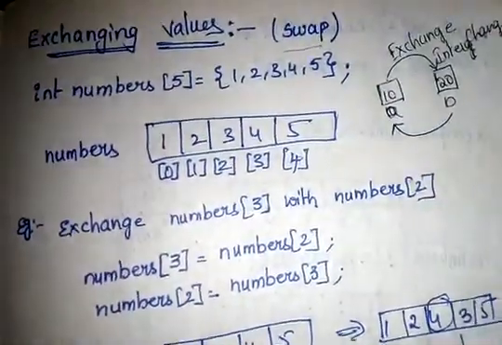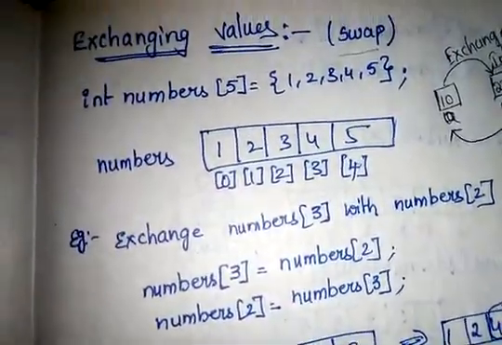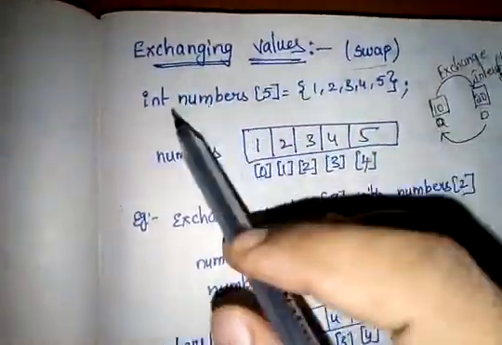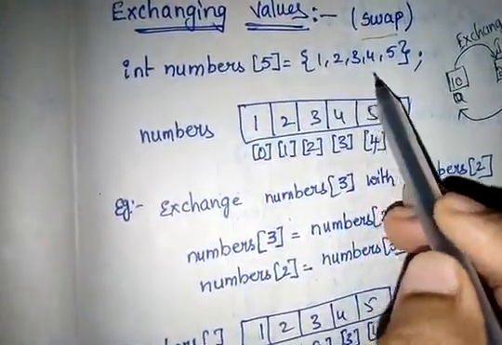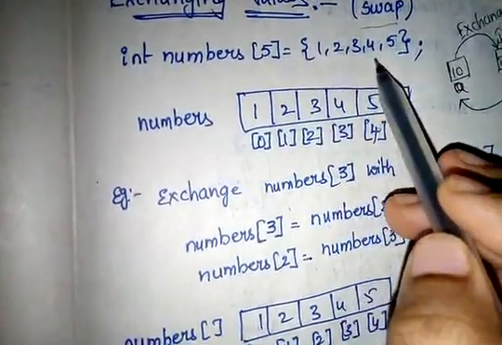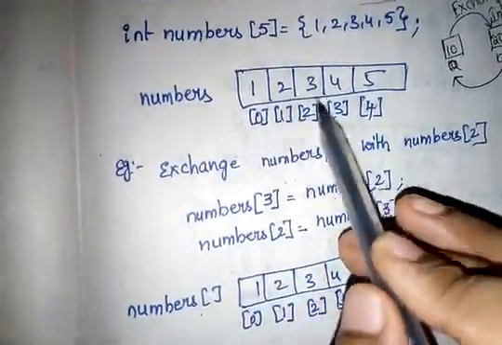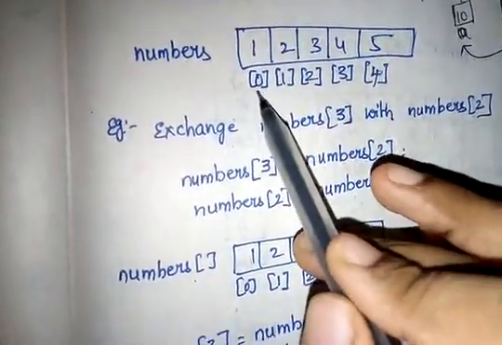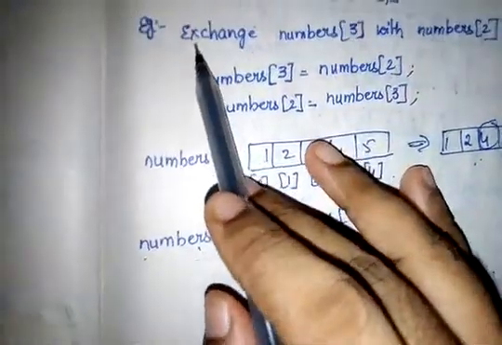So in order to exchange two values in an array, let us consider an array numbers of size 5, and I have assigned 1 2 3 4 5 as its elements. Its index ranges from 0 to 4.